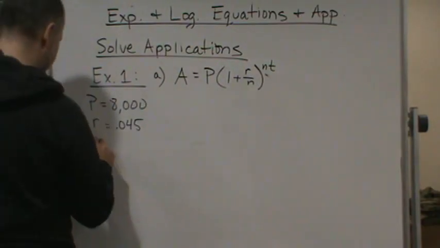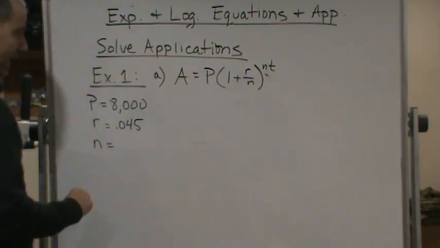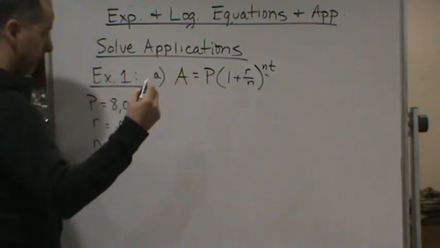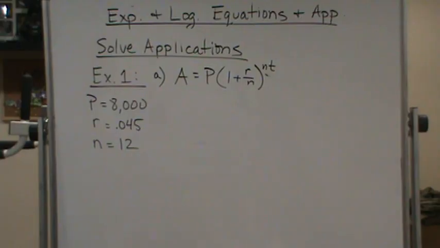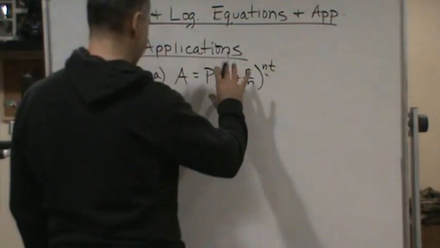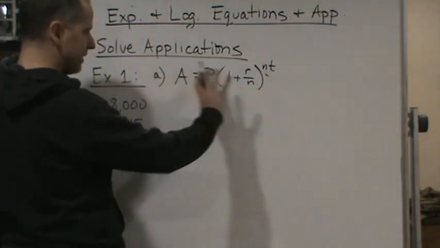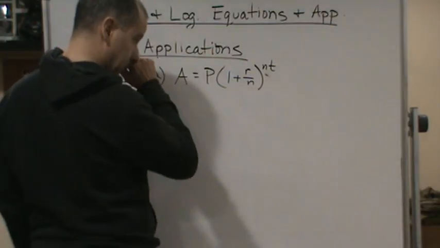And it's compounded monthly, so that means N, which is the number of compounds per year, is going to be 12. So now they want us to set this up with the information as a function for the problem.